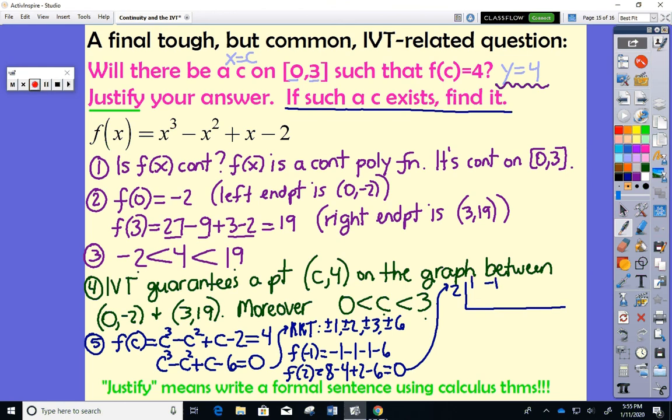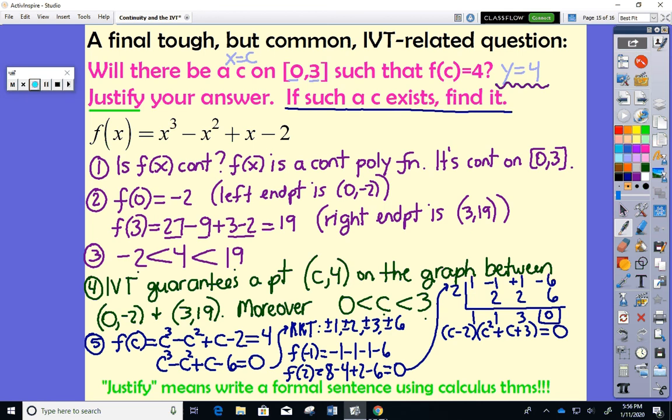Well, now what you would do from there is say that 2 goes into 1c cubed minus 1c squared plus 1c minus 6. Bring down 1. 2 times 1 is 2. Bring down 1. 2 times 1 is 2. Bring down 3, is positive 6. So I know that I now have (c minus 2) times (c squared plus c plus 3) equals 0. Something tells me that the second part is going to have non-real roots.